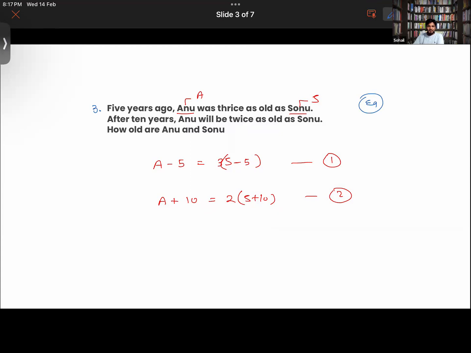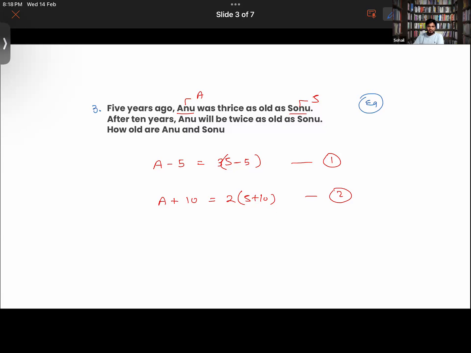I formed the equation as x minus 5 plus 10 equals 3 into (x minus 5 plus 10). Okay, and what answer are you getting? Sir, I got x as 5 and 3x as 15.